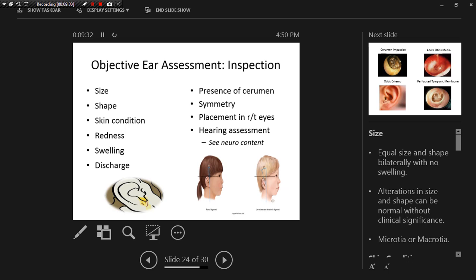So we know that the lateral canthus should be somewhat directly in line with the top of the ear, the top of the auricle. And so when it's not, when there's a greater angle between the lateral canthus and the top of the ear, we refer to these patients as having low set ears, and it can be associated with some genetic conditions like Down syndrome.